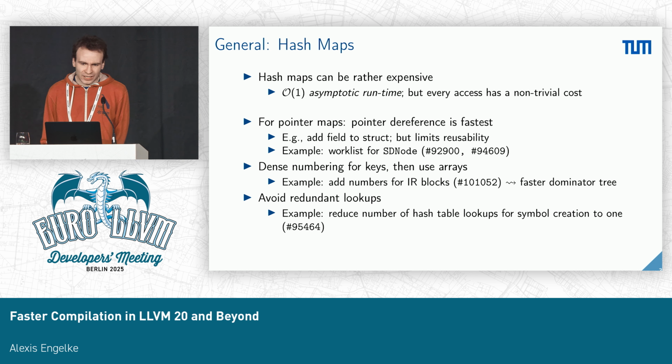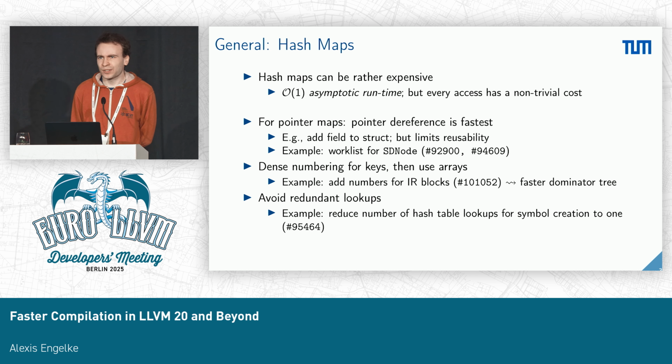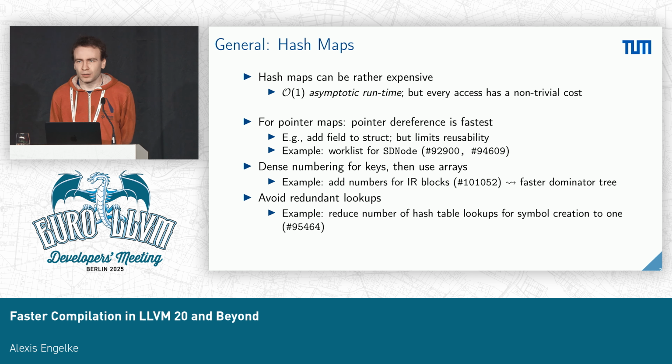Another thing is to avoid redundant lookups of the same key in the same or in different hash tables. For example, in the MC assembler, when creating a symbol, it was inserted into 4 different hash tables, and we were able to reduce this to consolidate them into 1, which also had quite a substantial performance impact.